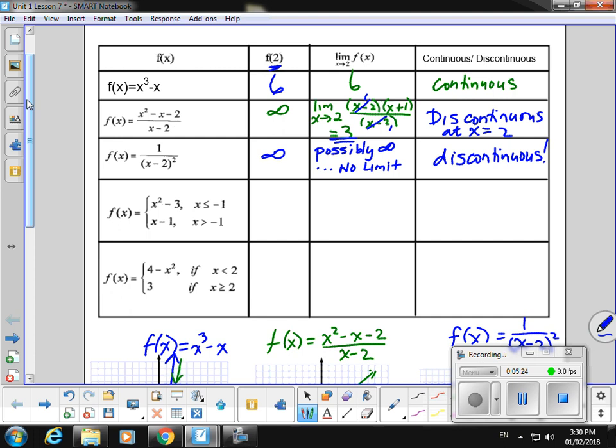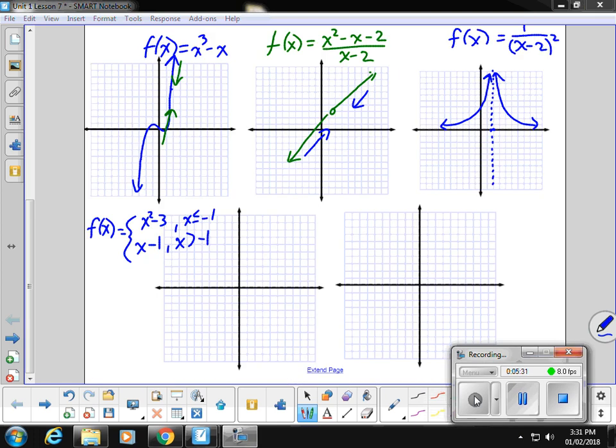Okay, we have a piecewise function. Let's have a look at it for a second. We're looking at x minus 1. So it looks like x squared minus 3 as we travel to the left and include negative 1.